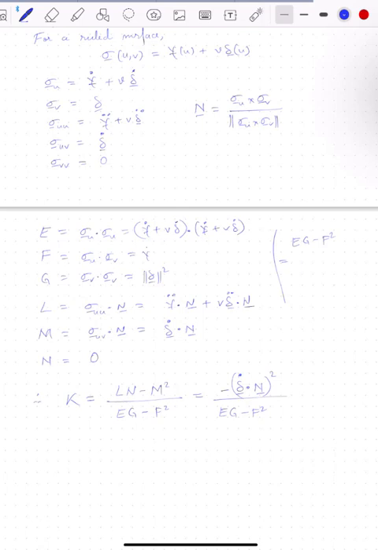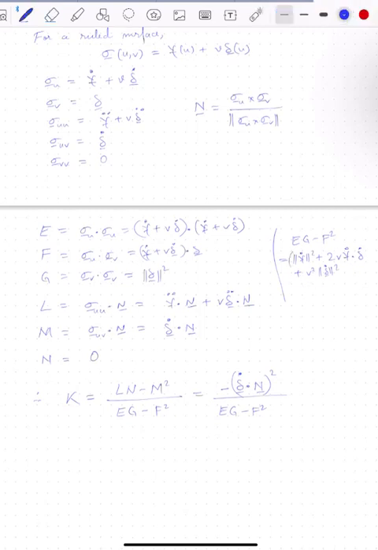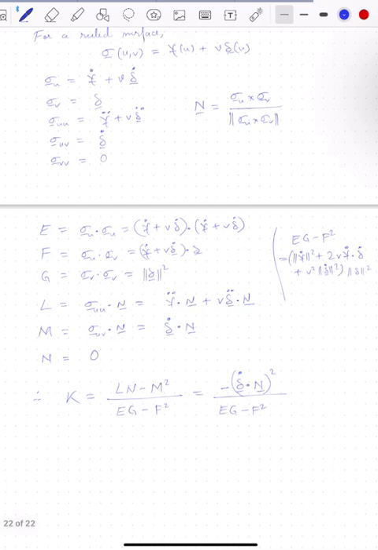So EG is gamma dot norm squared plus 2v gamma dot delta dot plus v squared delta dot norm squared, and this multiplies with G, and minus F, so gamma dot plus v delta dot, delta dot, whole squared.